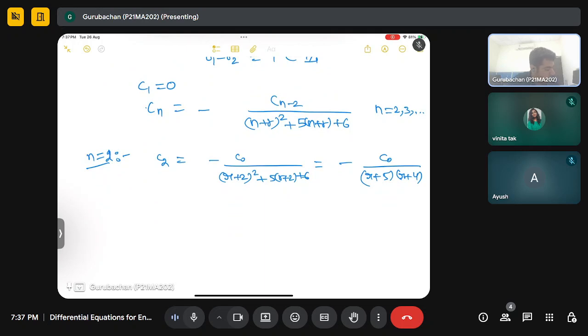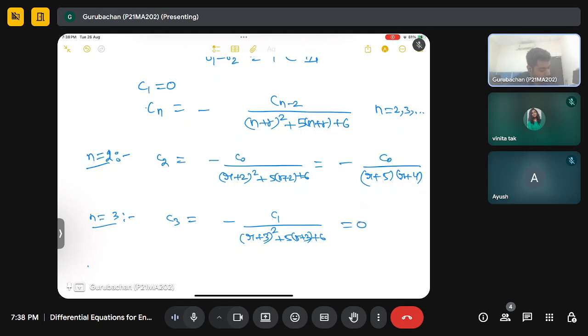So your first term will be r plus 5r plus 4 for n equal to 3. This will be C3 divided by C1 into r plus 3 whole square plus 5 times of r plus 3, plus 6.